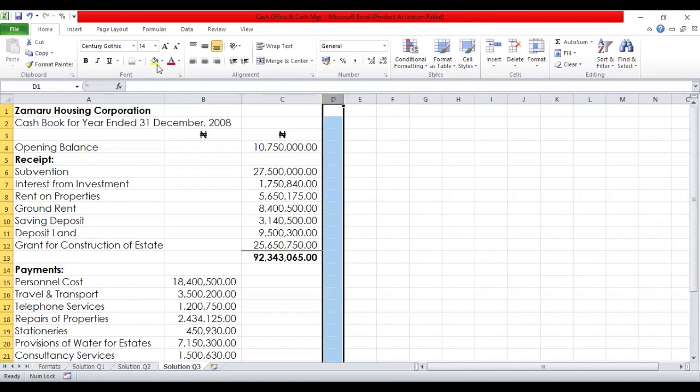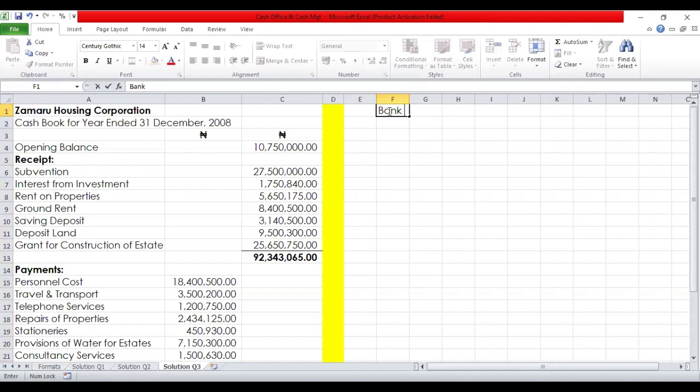Now let's look at the second phase of the question. The second phase is the bank reconciliation statement.